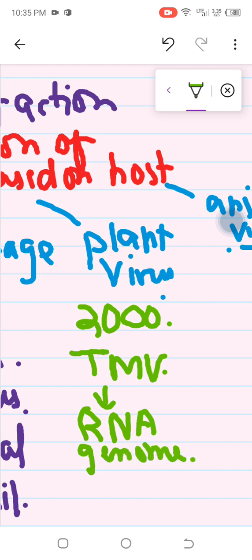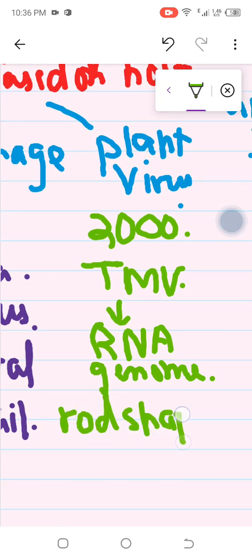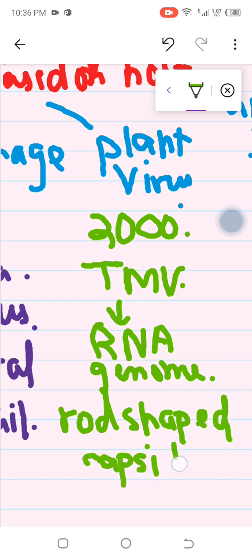Those viruses have a rod-shaped capsid, like TMV, which also contains a rod-shaped capsid.